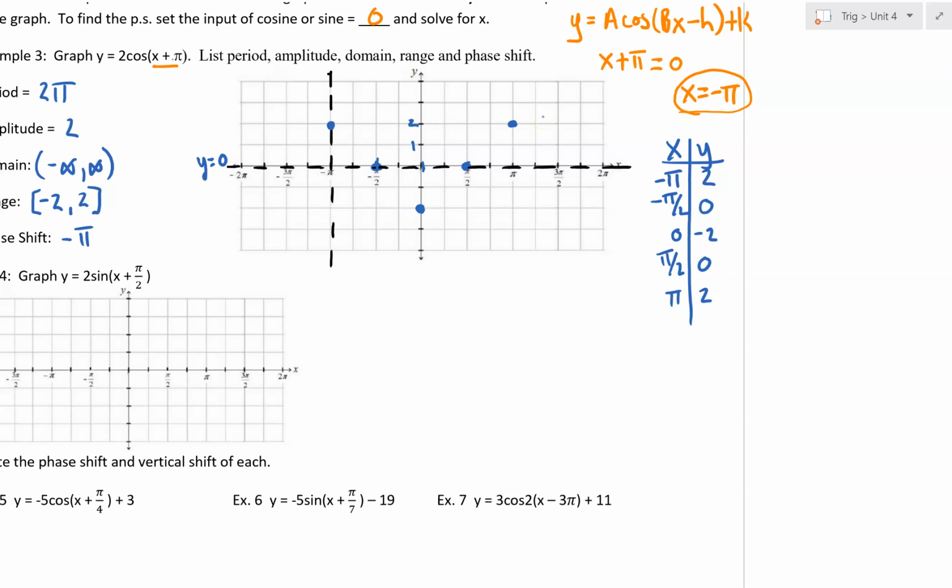Now, hopefully you see that the pattern is the same. The amplitude changed and it stretched it out a little, but the pattern itself is still the same. So as long as I know where this new vertical line is and where I'm going to start, then all I need is just a little bit more to tell me where I need to go for the next ones. And as I said, we're going to add on to this.